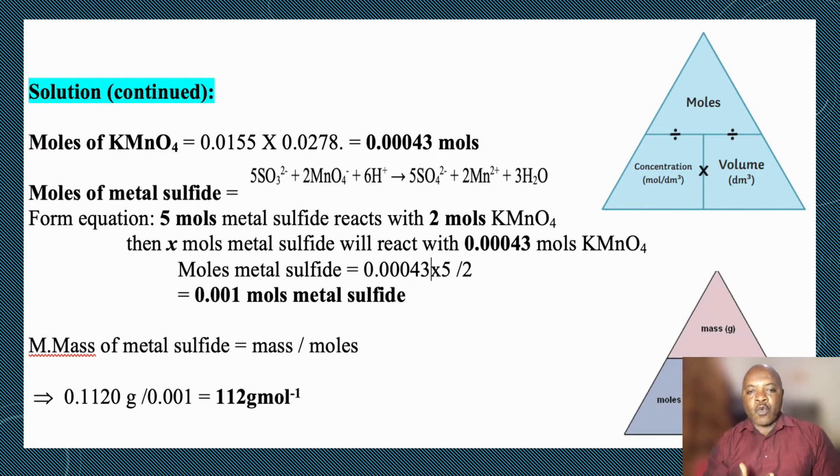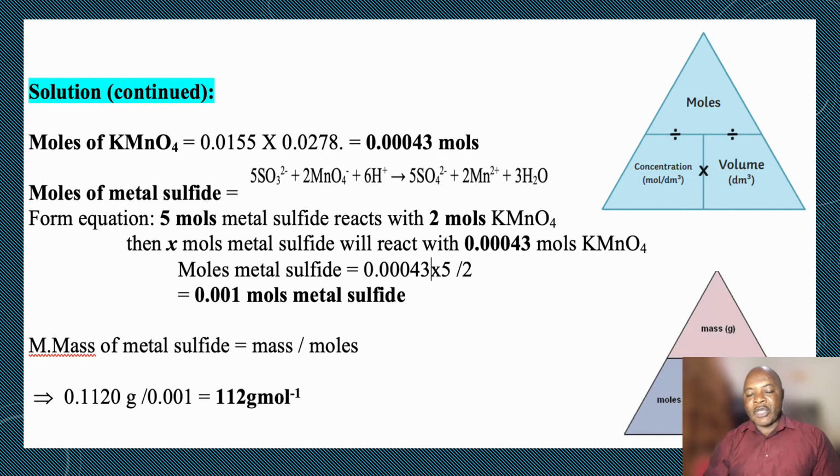We are given the mass to be 0.1120 gram, and the number of moles we calculated for the metal sulfide is 0.001. So to have the molecular mass of the metal sulfide, we divide the mass given by the moles of the metal sulfide. When we divide 0.1120 by 0.001, we will have 112 gram per mole. That will be our molecular mass.